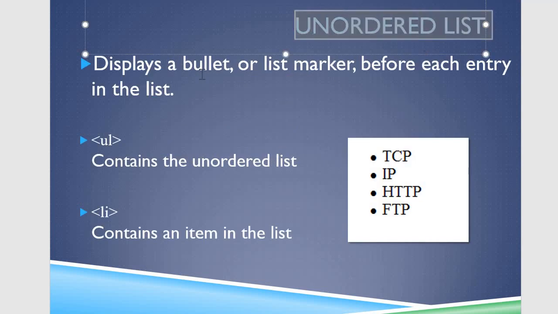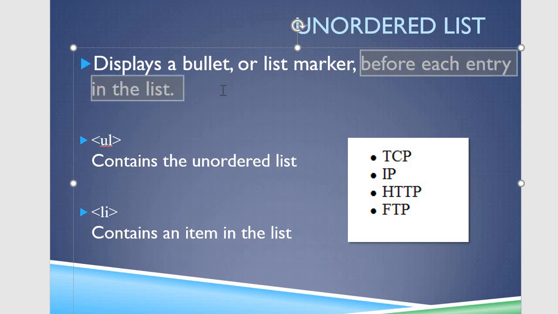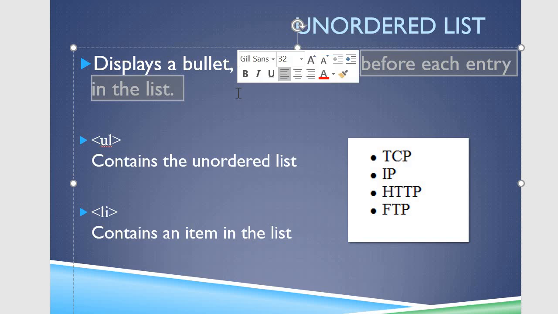Unordered list displays a bullet or list marker before each entry in the list. One minute, please listen.